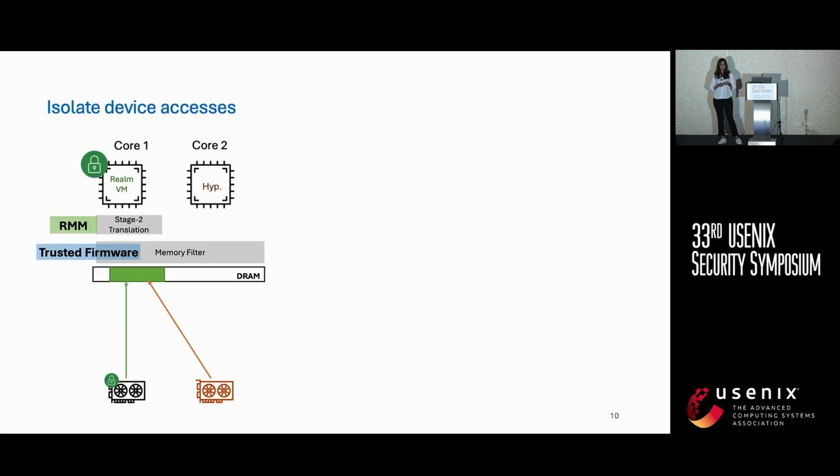Now, once we've attached this device, there are several attacks that are possible. If we naively give these devices access to this protected realm VM memory, then any device can get access to this memory, essentially defeating CCA security. So this is not good. So we need to ensure that these device accesses to memory are isolated to their respective realm VMs. And this brings us to my first invariant.